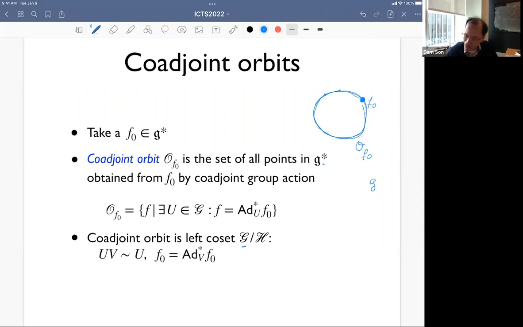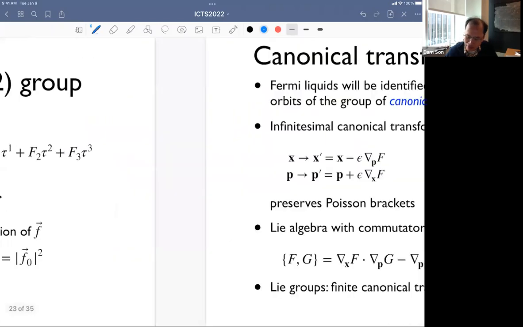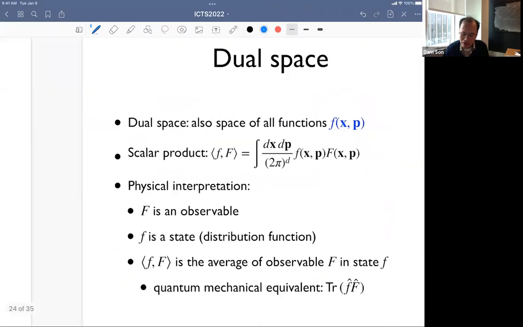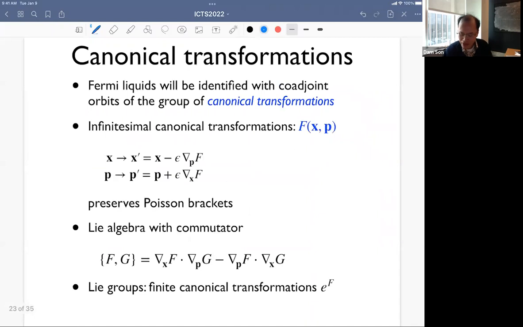So let me go to the application. Let me skip a few transparencies and describe the group that we are going to be interested in. The group G that we will be interested in is the group of canonical transformations. Let me describe first the algebra.